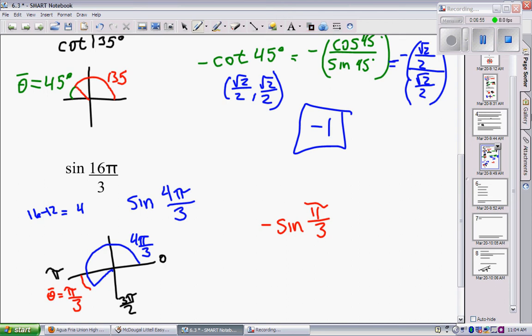Pi over 3 has the reference point, or the terminal point, root 3 over 2, 1/2. Sine is the x value, so it goes to negative 1/2.